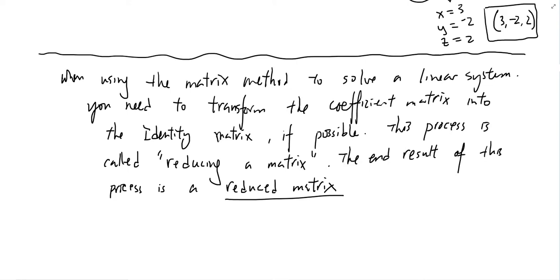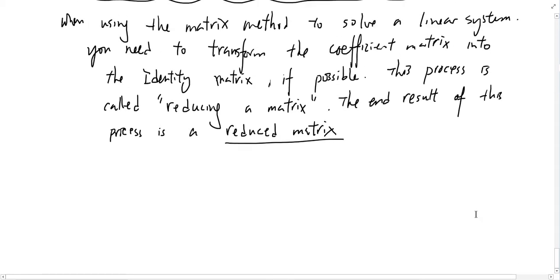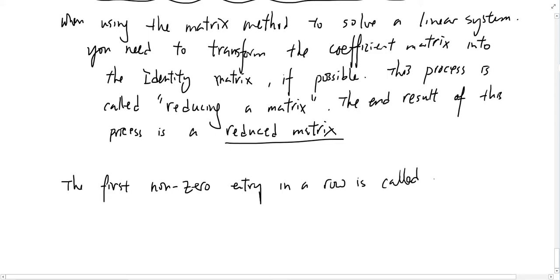So how do I define if a matrix is in the most reduced form? Well, in order to define that, I need to introduce two terminologies. The first one is this: the first non-zero entry in a row is often called the leading entry of that row.